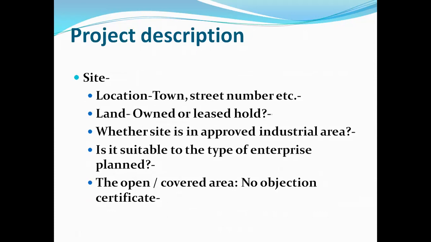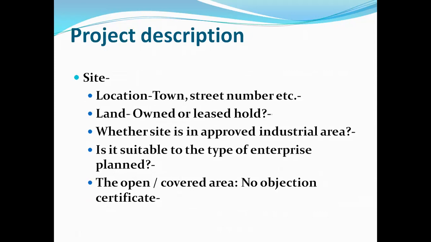So very first is the site, actual location. So you have to mention the location, then land, whether it's owned or leased, then whether it's an approved industrial area, because you might know NA zones are there in peri-urban areas.